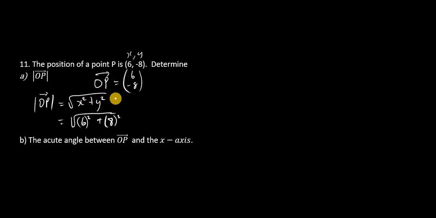The Pythagoras theorem deals with length of a line. For instance, we're looking at 6, negative 8. It means that from the origin, because this is the x component, we go 6 to the right and 8 down. And so then we connect those two. That will be the vector we're looking at here, vector OP. We go 6 units to the right and 8 down.